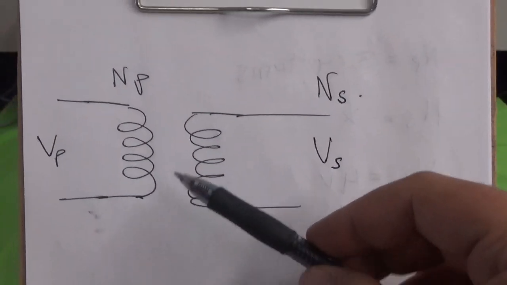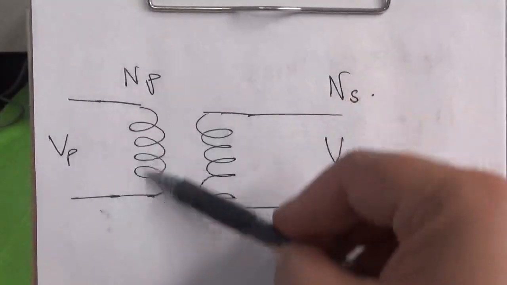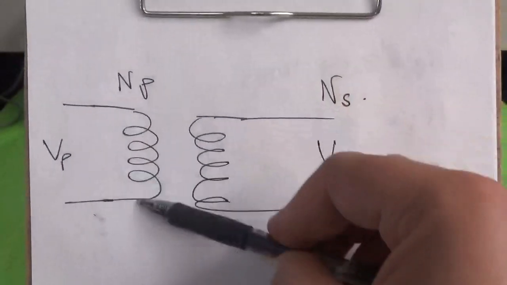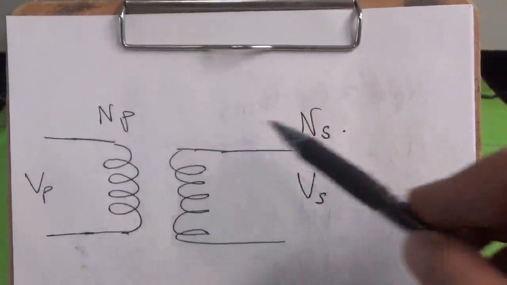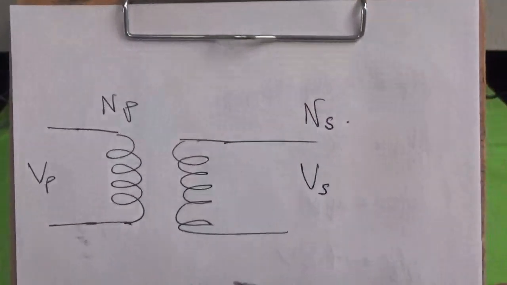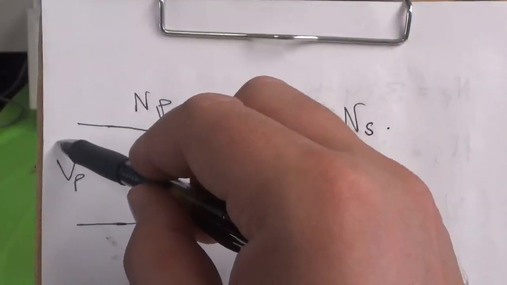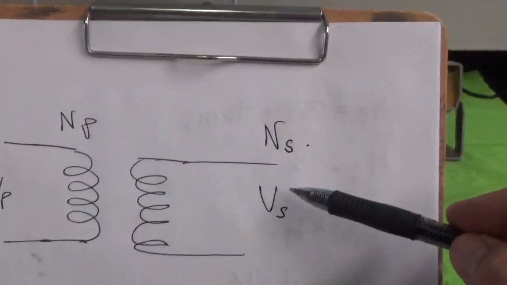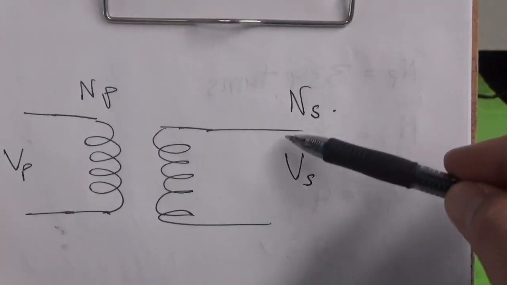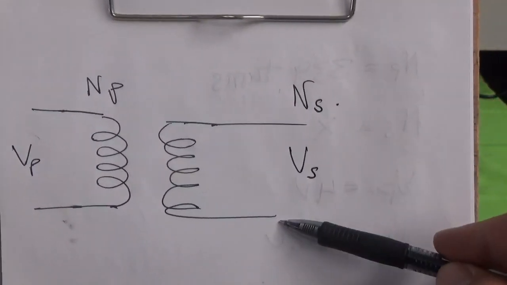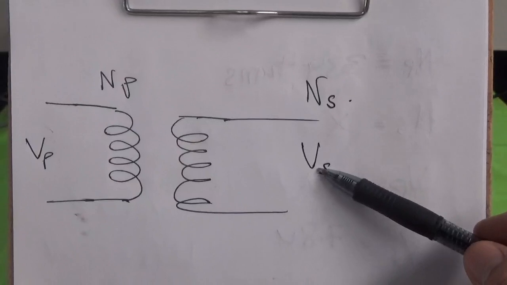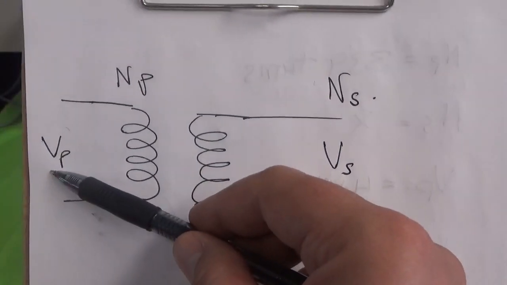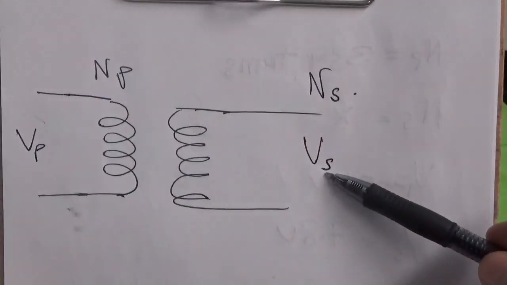But for now, keep in mind that we have just 2 coils, and each one of these coils has a specific number of turns. What we will do is apply voltage across the primary coil, and then we will see what we have across the secondary coil. So primary coil, secondary coil, primary voltage, secondary voltage.